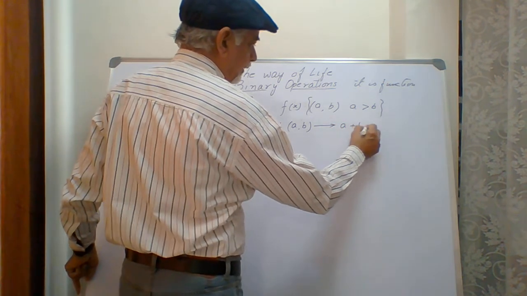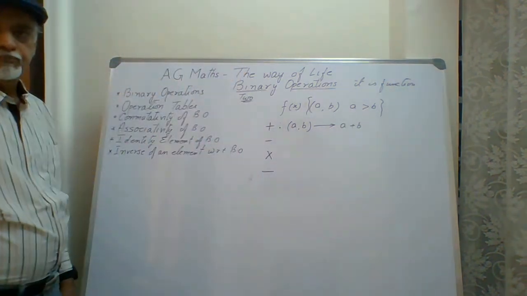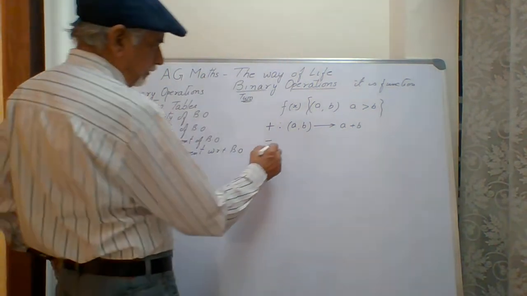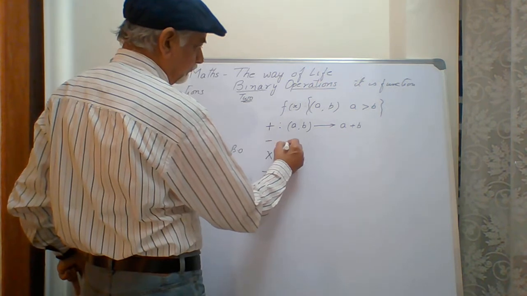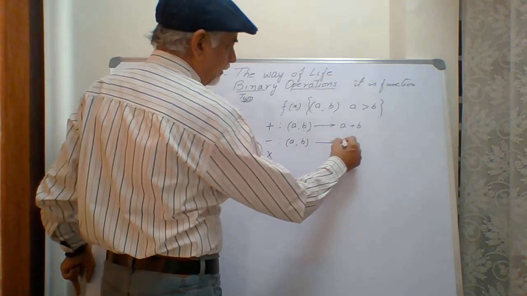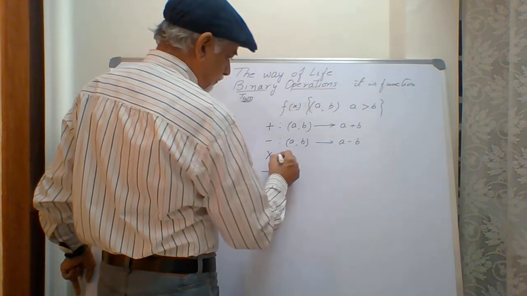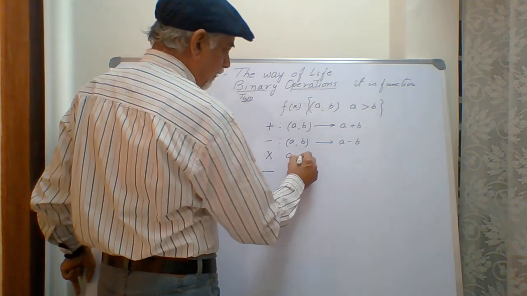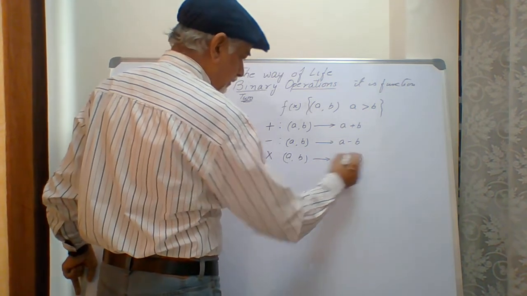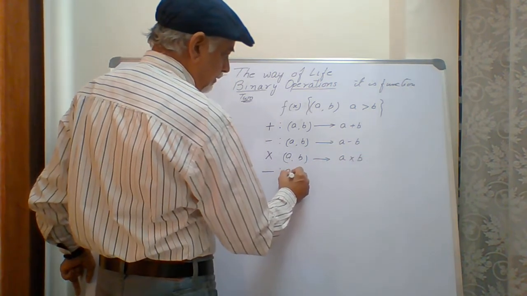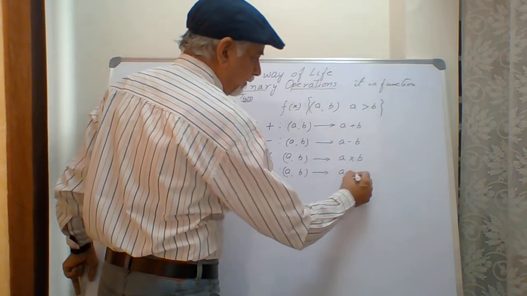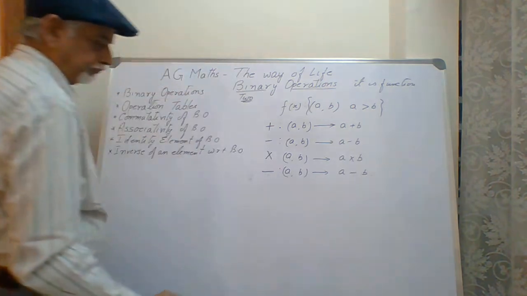A plus B is for addition, right? For subtraction we write (a, b) to look like a minus b. For multiplication (a, b), we call it a cross b. And for division (a, b), it looks like a divided by b.